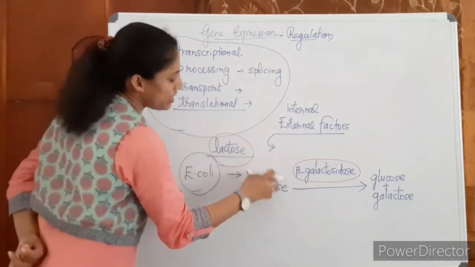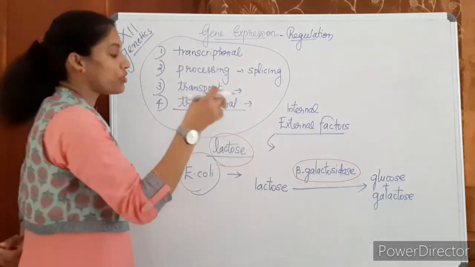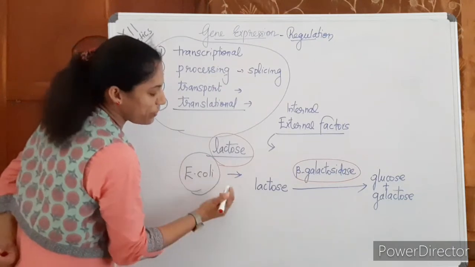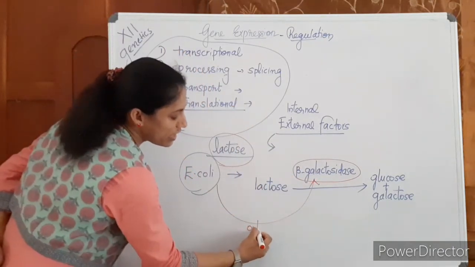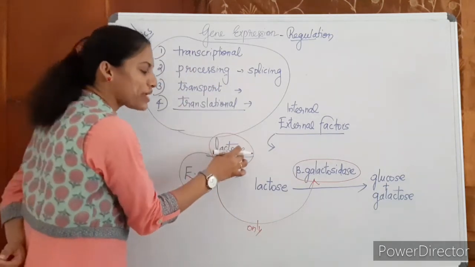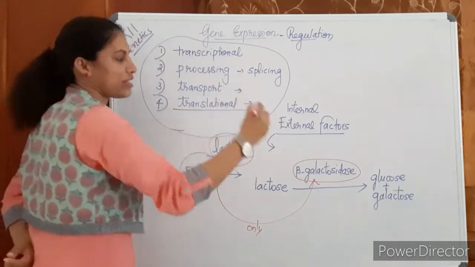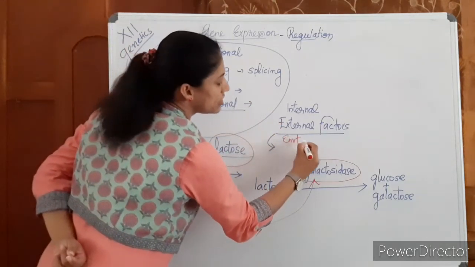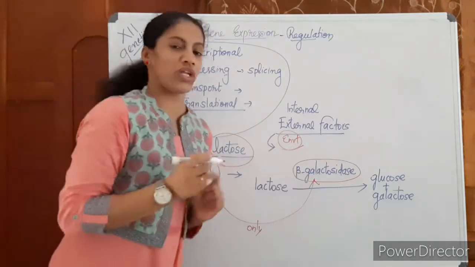That means then this enzyme is not required for the bacteria. Okay, so in such a case, E. coli produces this enzyme only if there is lactose. That means the presence or absence of lactose in the surrounding, that means in the environment, is controlling the synthesis of this enzyme. This is a protein.